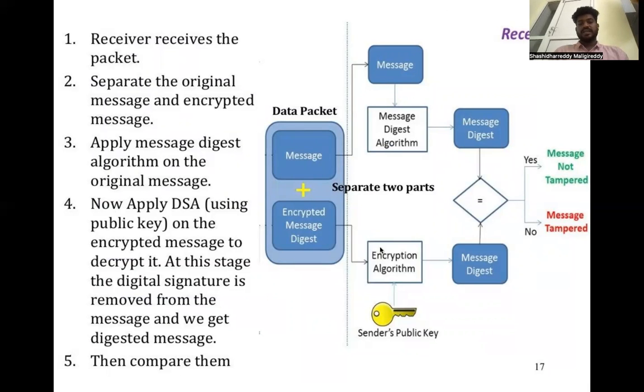Then apply DSA using the public key on the encrypted message to decrypt it; the digital signature is removed from the message. We can separate the signed part, and then we get the digested message. Then we compare them: message not tampered, or message tampered.